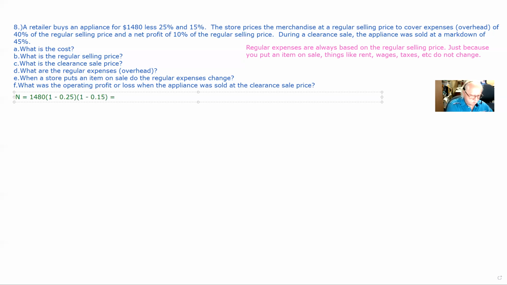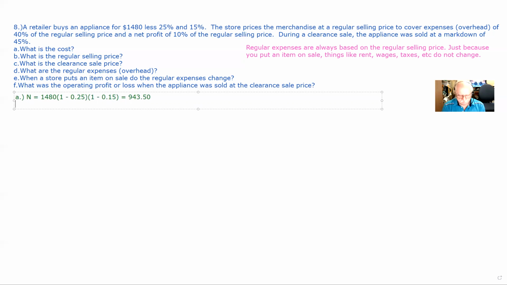When we multiply that out, we get a cost of 943.50. So that's our answer to part A.